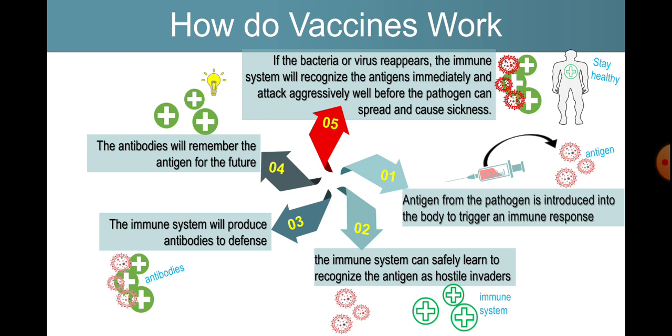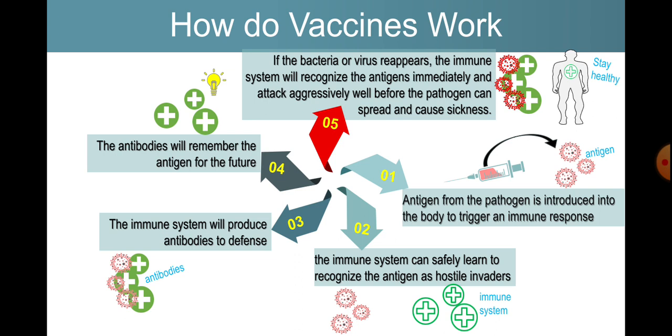For example, this. The first step is antigen from pathogen is introduced into the body to trigger an immune response. So that is the first step. And what makes it better is you can visualize it to make it better.